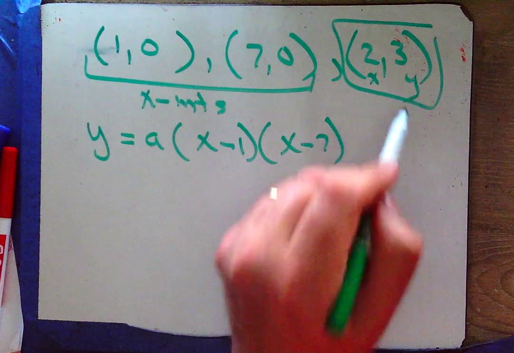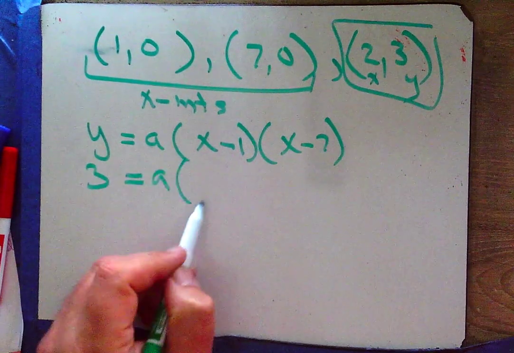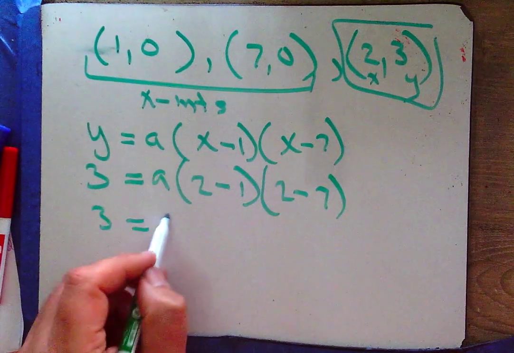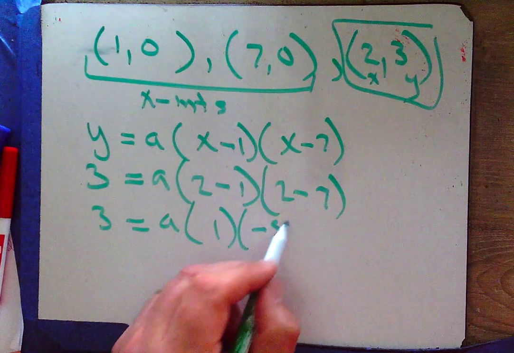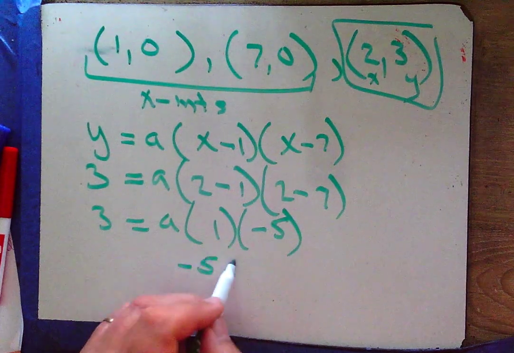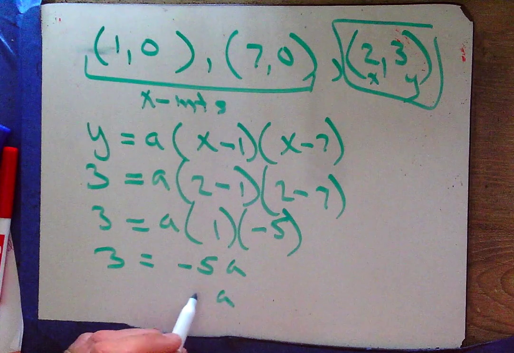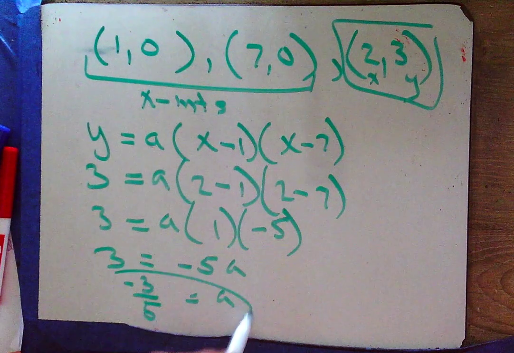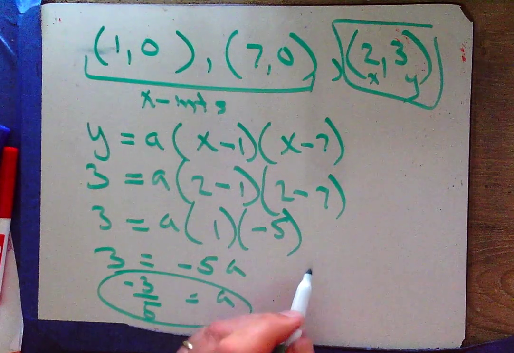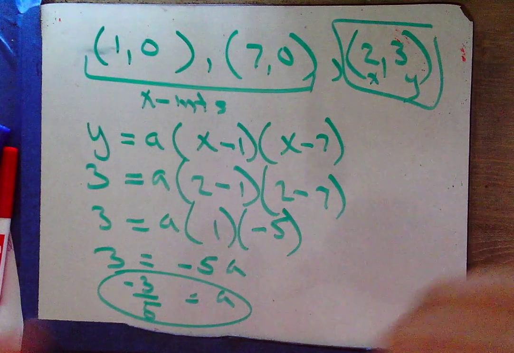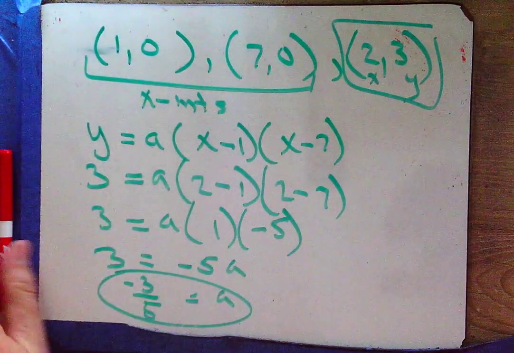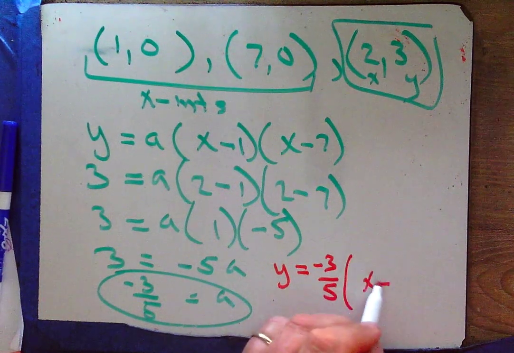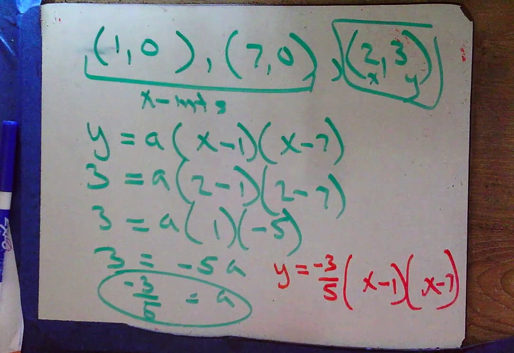There's an x value, there's a y value. 3 equals a(2 minus 1)(2 minus 7). 3 equals a times 1 times negative 5. So negative 5a equals 3, and so I'll divide both sides by negative 5 and get negative 3/5. So our equation then will be, when we plug that a value back in up here, y equals negative 3/5 (x minus 1)(x minus 7).